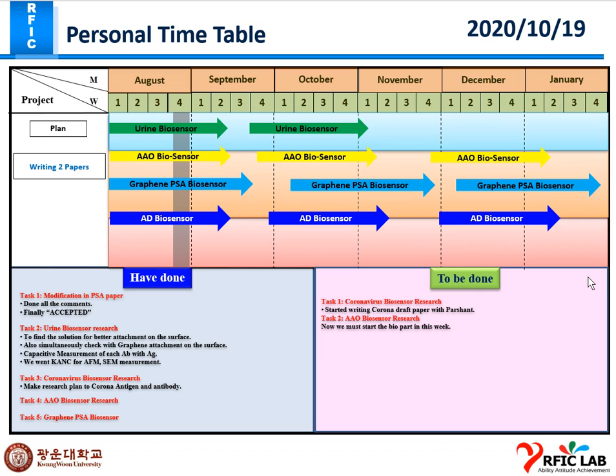Simultaneously, we are also looking for the SEM characterization. We have checked, and not in this week but after this week, we will get the chance to book it.